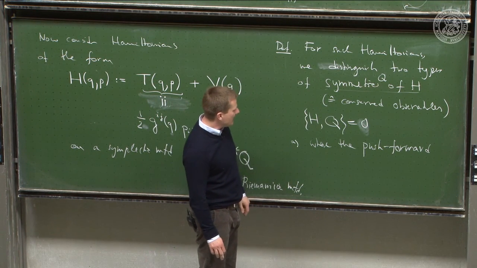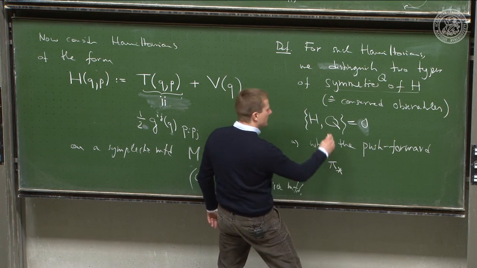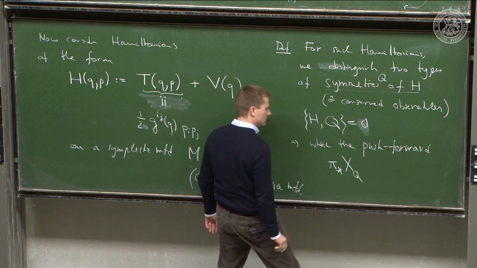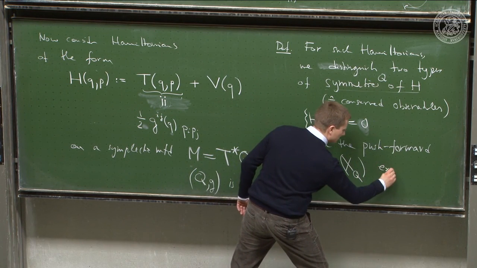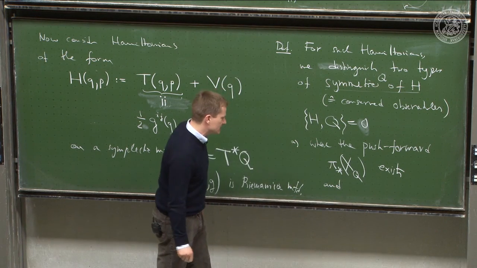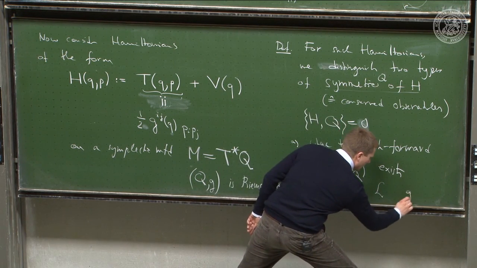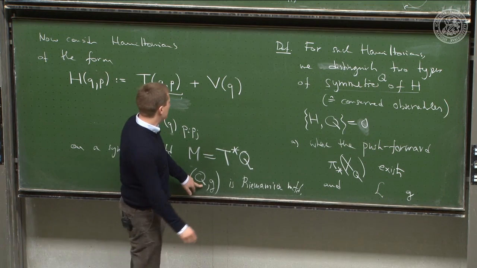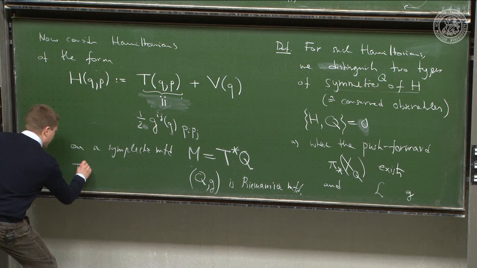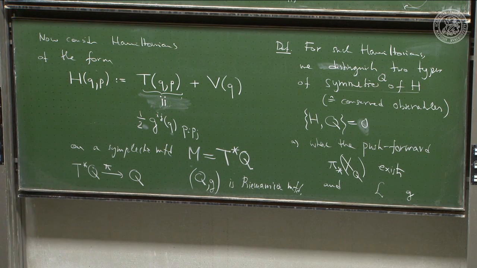The symmetry type A is where the push forward of the Hamiltonian vector field X associated with the symmetry exists. And because it exists, I can require that the Lie derivative of the metric on the manifold down here, you see what we're doing. If M has this structure, then of course I have from the cotangent bundle down to Q the standard bundle projection.